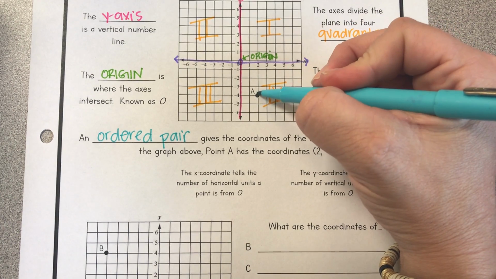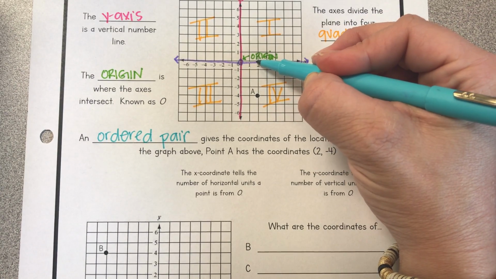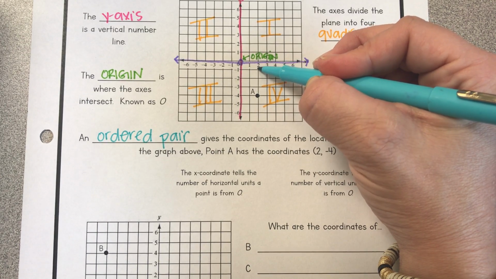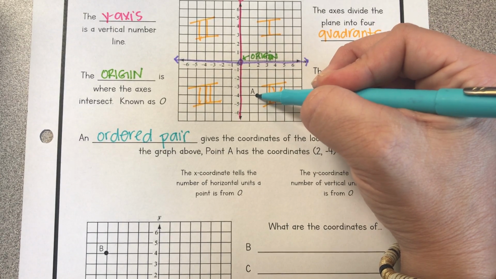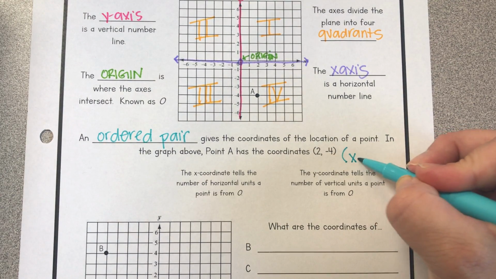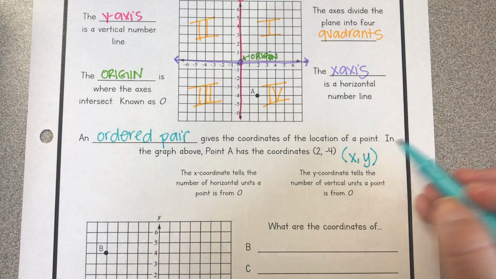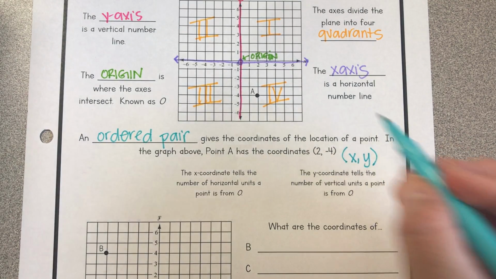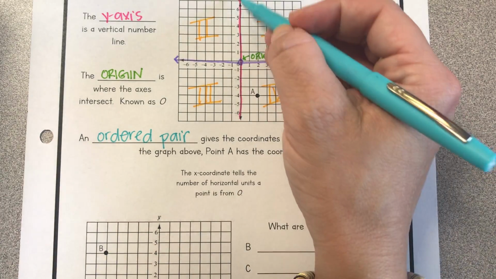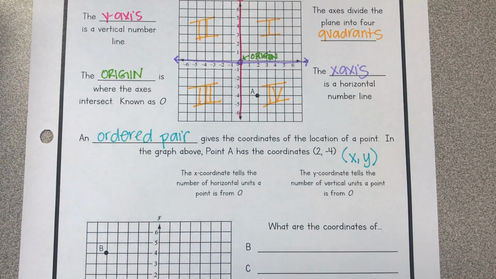That is because on the x-axis we went over to 2, and then on the y-axis we went down to -4. It always, always, always is going to go x, y. So where am I going on the x-axis? And then where am I going on the y?